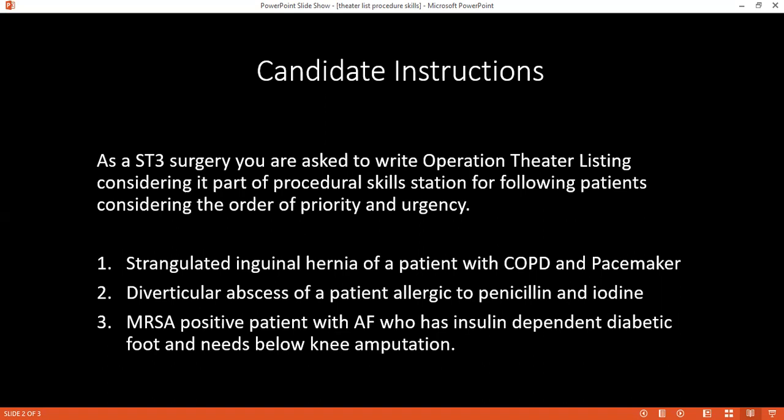Number 2, life-threatening but not immediate, for example ischemic bowel disease, large bowel obstruction, and I have to resuscitate first. Then patients like appendicitis, priority 3, urgent. Then it becomes more than 24 hours and 7 days and so on.